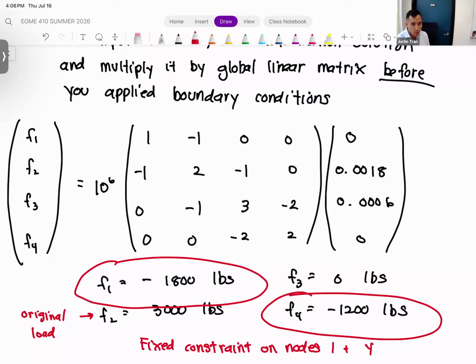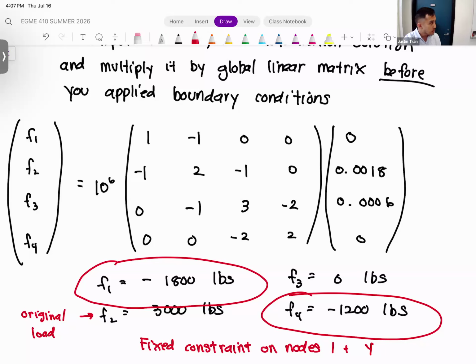This shows that at node 1, we're going to have a reaction force of negative 1,800 pounds, so that's 1,800 pounds in the left direction. And at node 4, we're going to have a reaction force of 1,200 pounds going in the negative x direction as well. So those are the exact forces being applied at our fixed constraints, and we can compute that from finite elements with a little bit of post-processing.